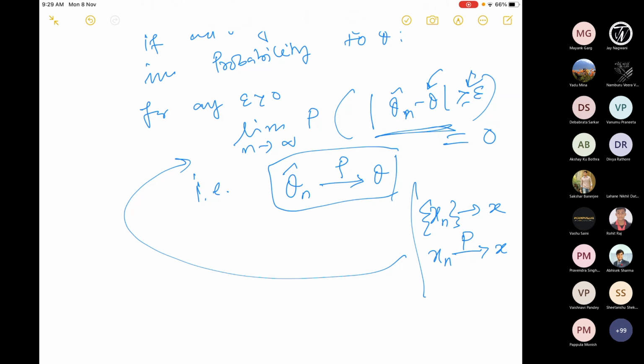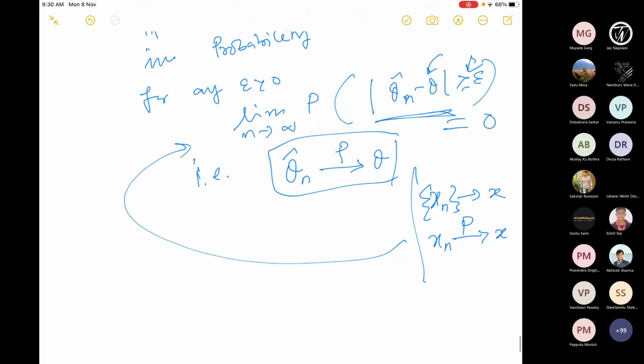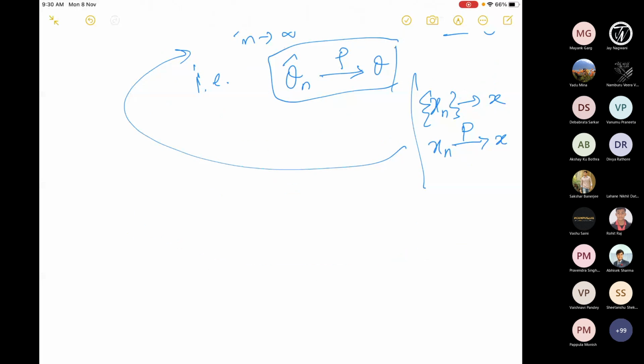Because theta is unknown. Anyway, let me just say that for the case of normal x1, x2, ..., xn with mean mu and variance sigma square, sigma square hat is consistent. Is it consistent? That's the question. Is it a consistent estimator?